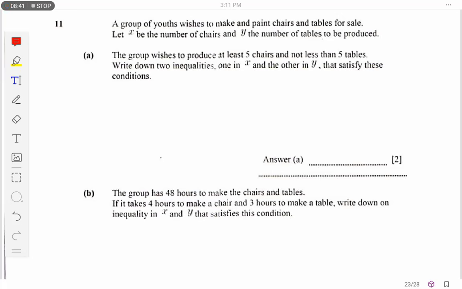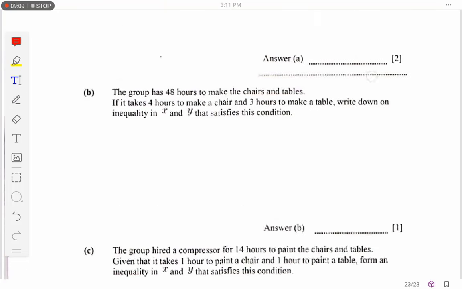Then they are saying write down the inequality. For the chairs, they are saying at least, so X is greater or equal to 5. Then for the tables, they are saying not less than, so Y is greater or equal to 5. So these are the two inequalities for that one.